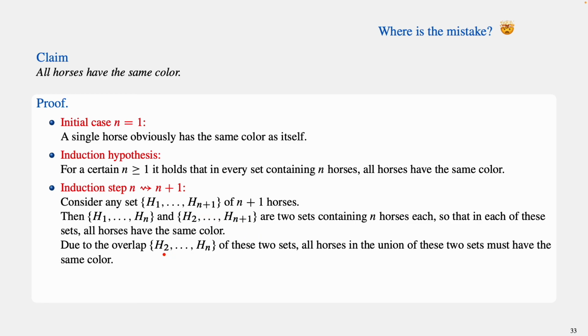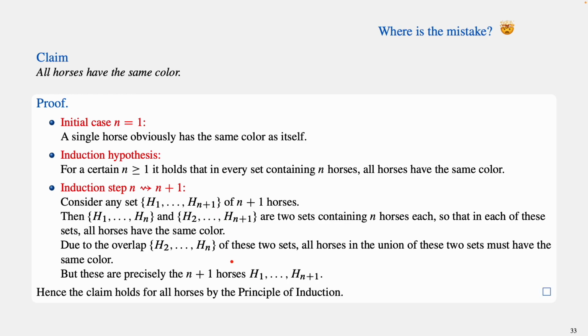But due to the overlap, which is h2 to hn of these two sets here, all horses in the union of these two sets, which is our original set of n plus 1 horses, must have the same color. But this just means our original n plus 1 horses h1 to hn plus 1 have the same color, and by the principle of induction it follows that all horses have the same color.